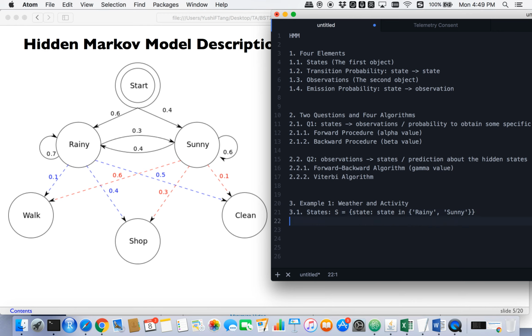And what's the second element? The second element is the observations. We define them as a big O. So, observation.